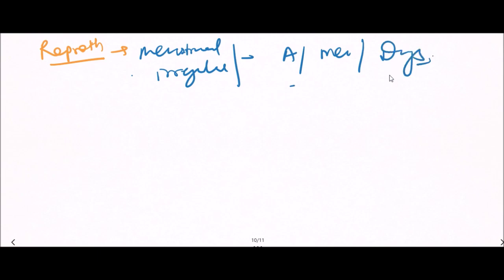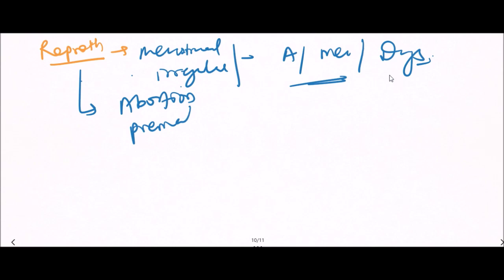These are the features of lead poisoning. Now, sometimes lead is responsible for abortion and premature labor also. So these are the reproductive signs and symptoms which are seen due to involvement of the reproductive system.